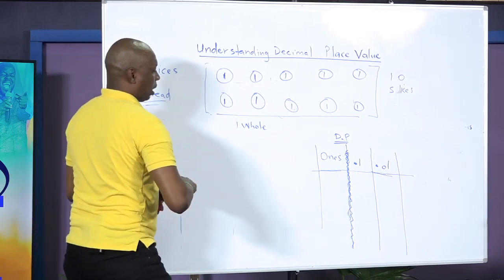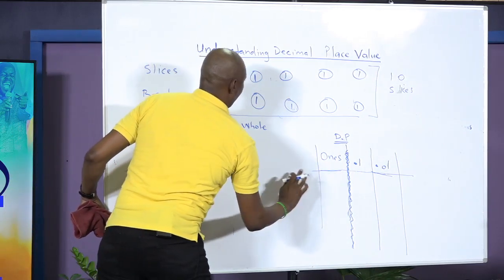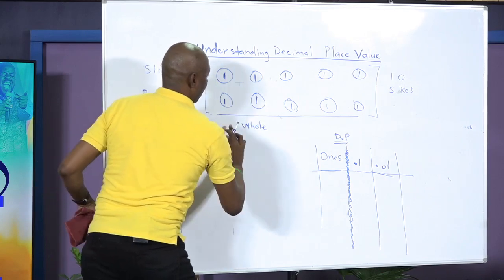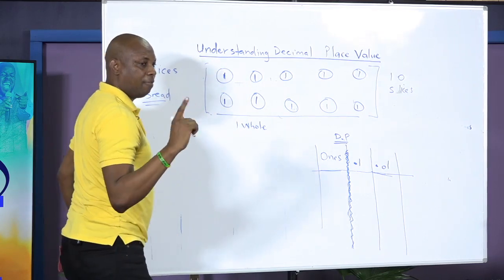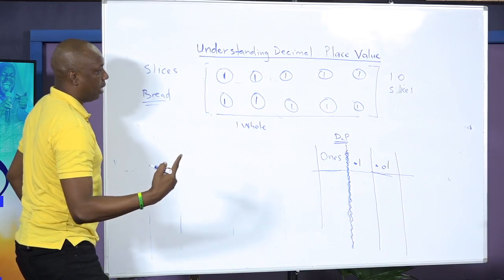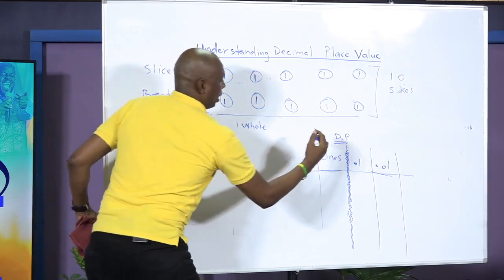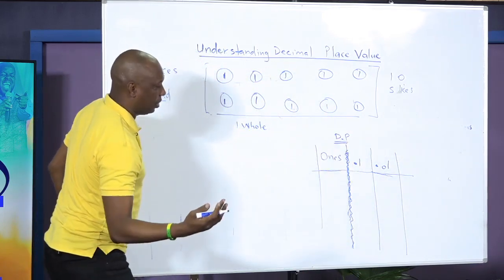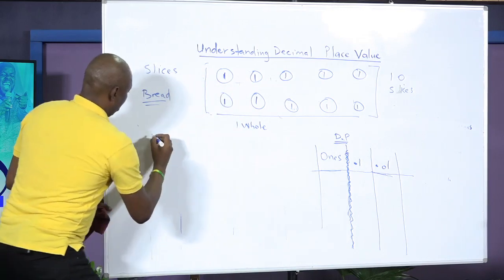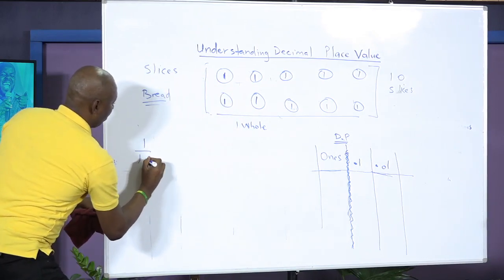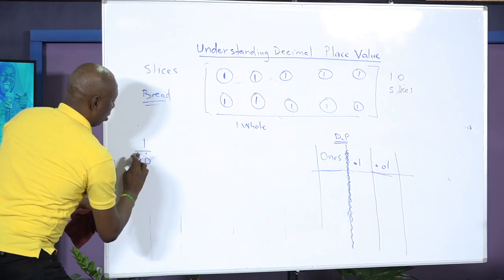So I gave Mark, I did not give him the whole bread. My whole bread has 10 slices. But I gave Mark a portion of my bread, and it would be 1 out of 10. Now, when we were looking at the fraction table, we can have our fraction, having our numerator and our denominator.